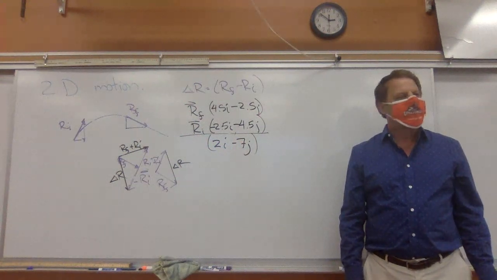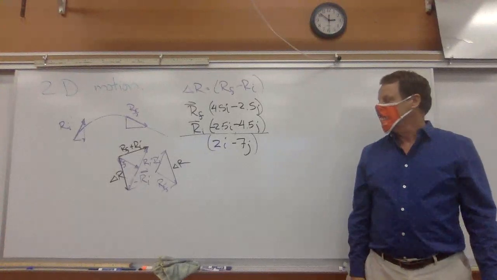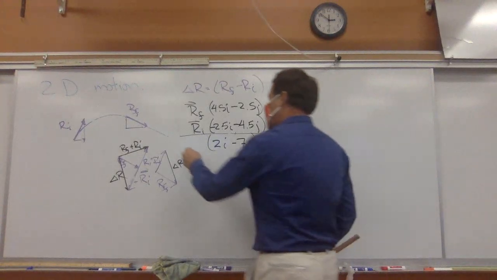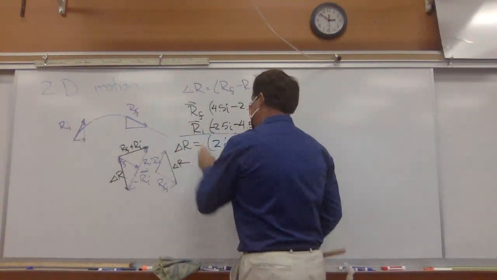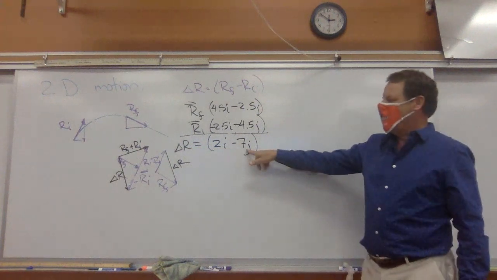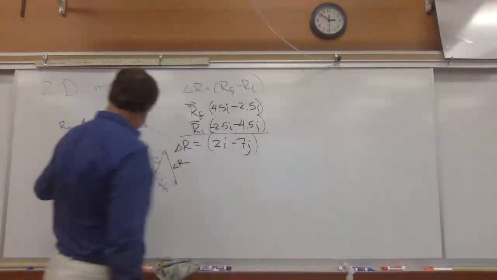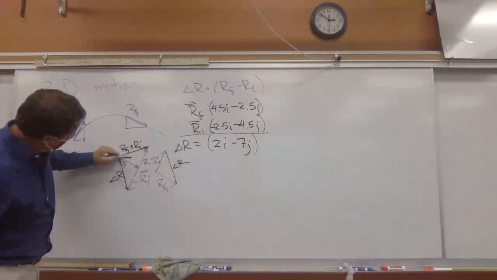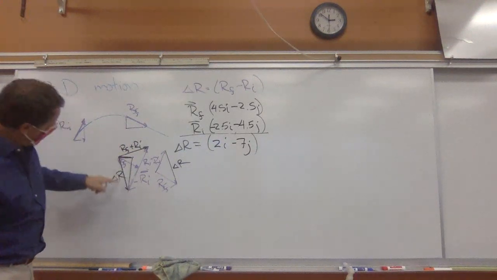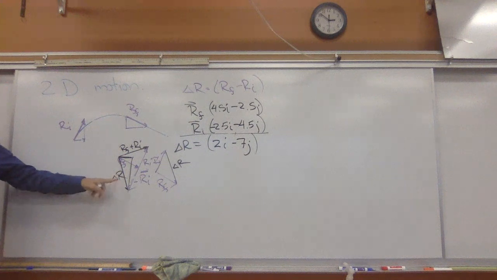Does that make sense? So our delta R is going to equal 2i minus 7j. Now if we look at this one right here, remember, this was our delta R when we did it graphically.